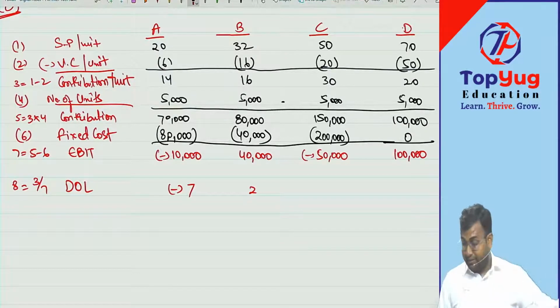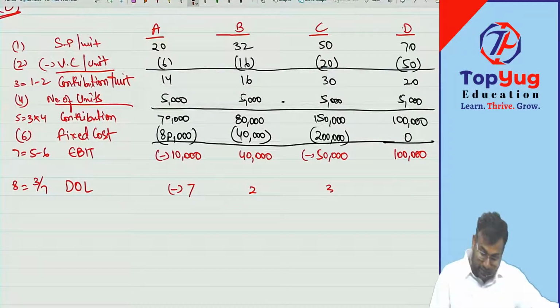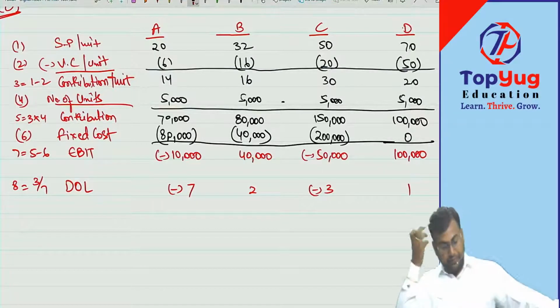Contribution by EBIT, 70,000 is the contribution, right? 70,000 divided by 10,000, 7. 80,000 divided by 40,000, 2. 1 lakh 50 divided by 50, 3 negative. And 1 lakh by 1 lakh, 1. Right?